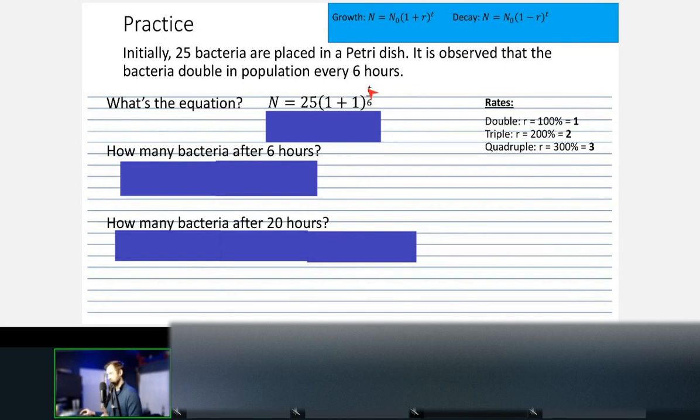So the time is 2 times, right? Twice. So make sure it's always your time over whatever that duration may be. In this case, the time period is every 6 hours. Hopefully that makes sense. Super important, because without this 6, this number right here would have no place to go.